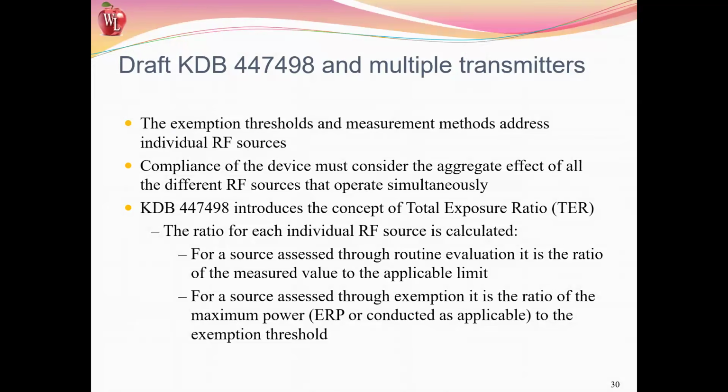Compliance of the devices must consider the aggregate effect of all the RF sources that operate simultaneously. If they're not simultaneous transmission, then you can still use the individual RF consideration, but if they work together, then yes, you have to look at them all.